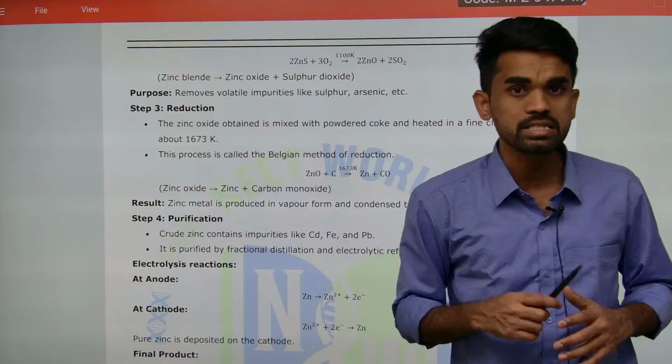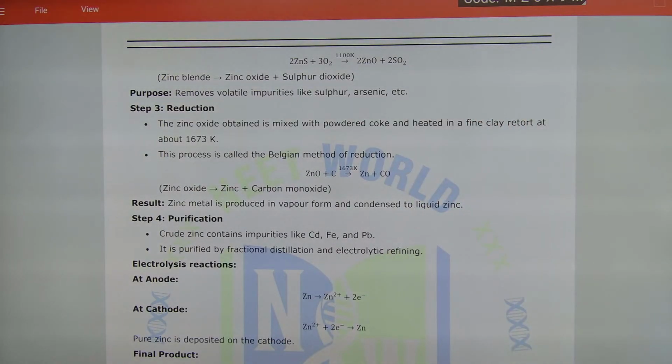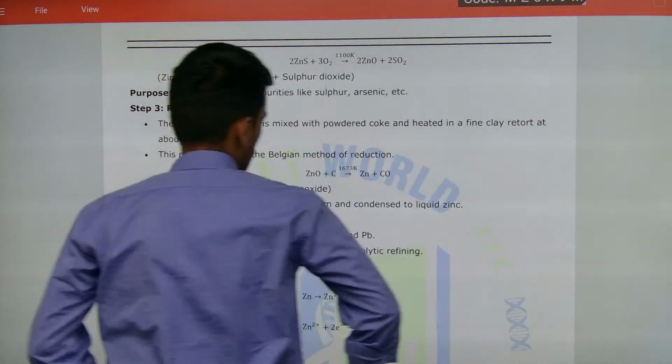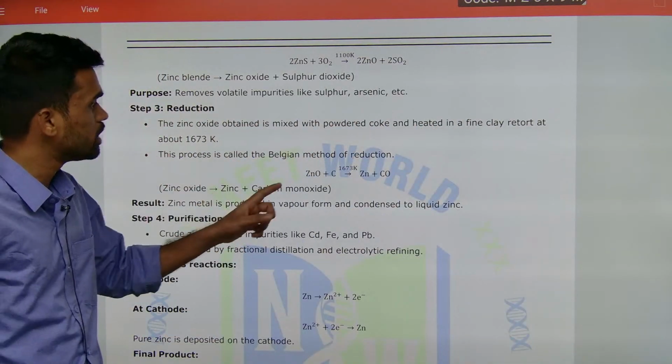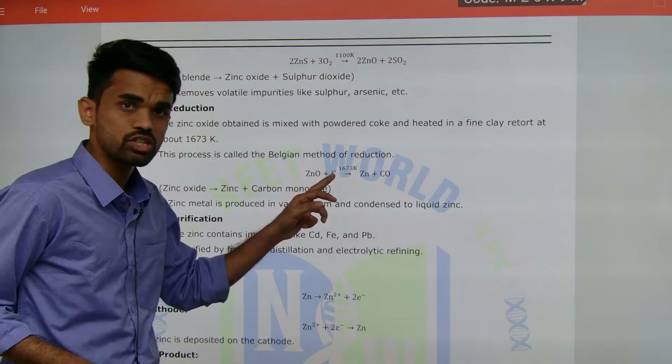Now we need to mix that. Okay, so now what I am saying here, zinc oxide should be treated with carbon.